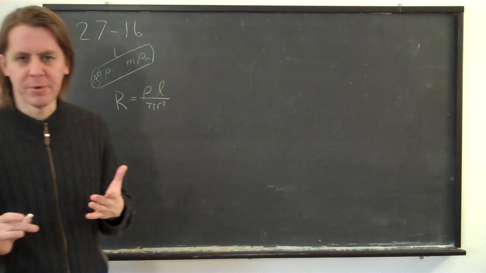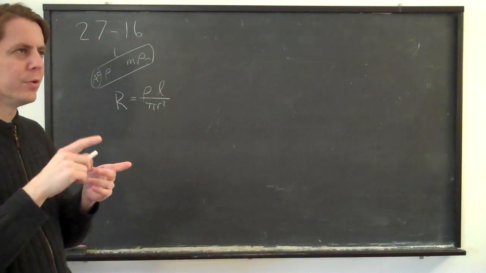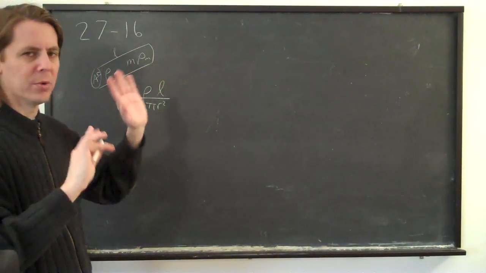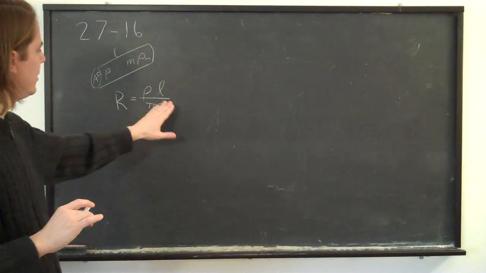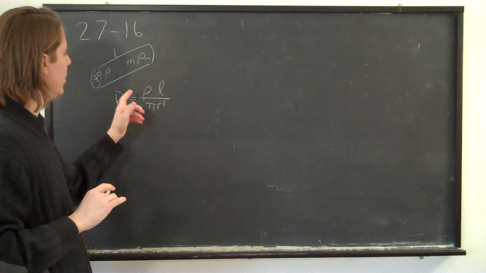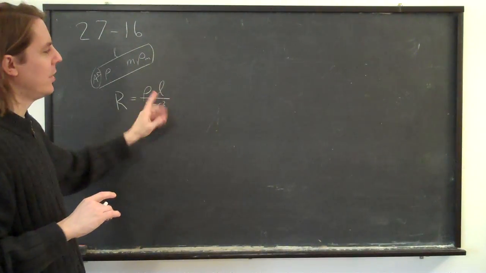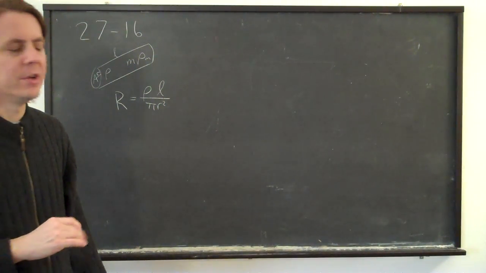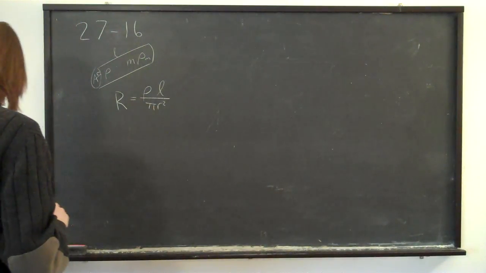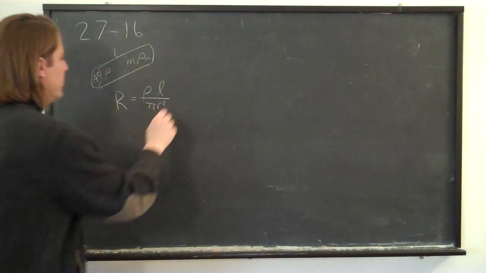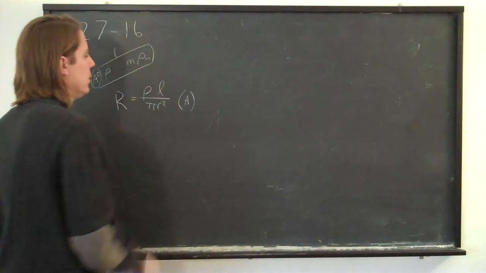We could go straight to the diameter, but then it would be pi d over 2 squared, and then you'd have a 4 running around, and it's kind of a mess. So I think it's best just to write it as R equals rho L over pi r squared. We can find the length and the radius, and at the very last step we can just double the radius to get the diameter. That sort of minimizes some of the algebra. So I'm going to call this equation A.